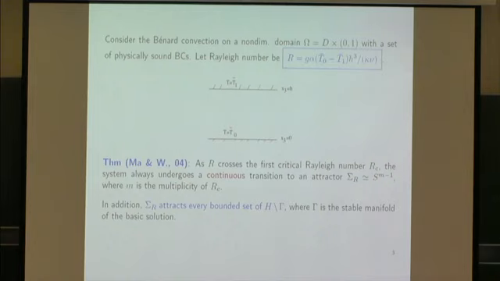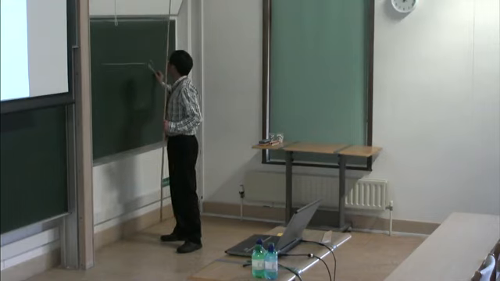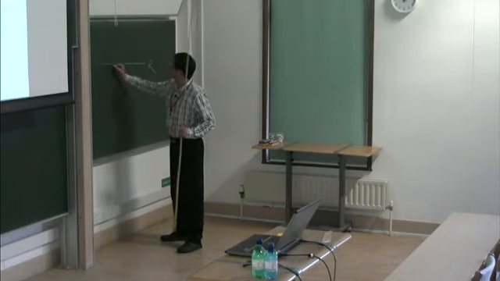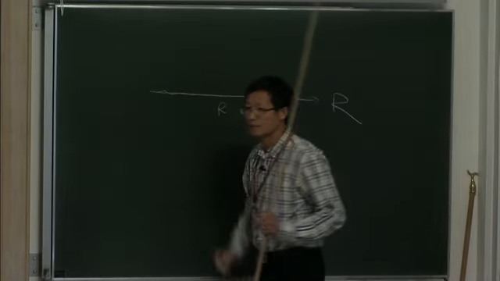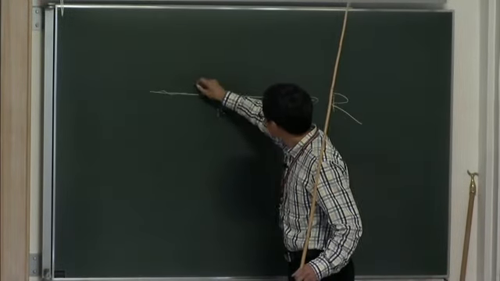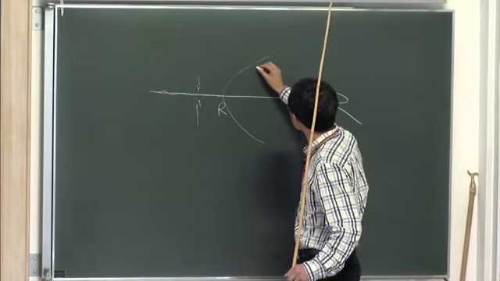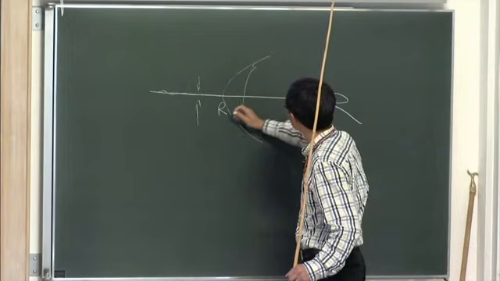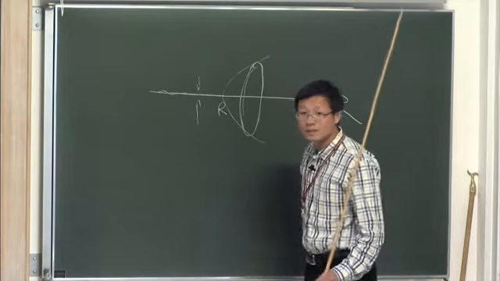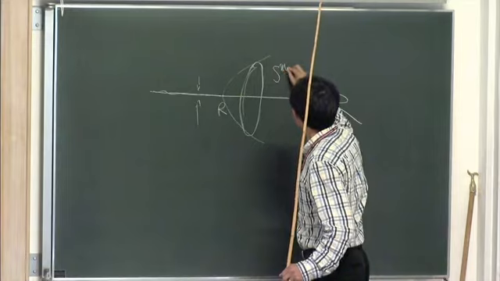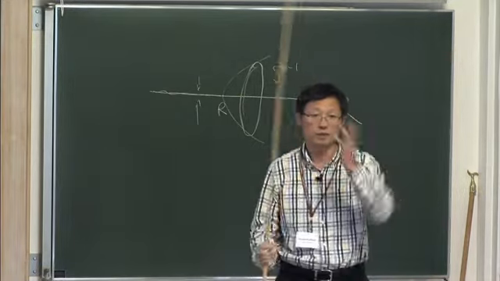If you draw a picture, this is the Rayleigh number, and this is the critical Rayleigh number. Before this point, the basic motionless state is stable. After this threshold, you get a spherical region, S^(m-1), essentially.